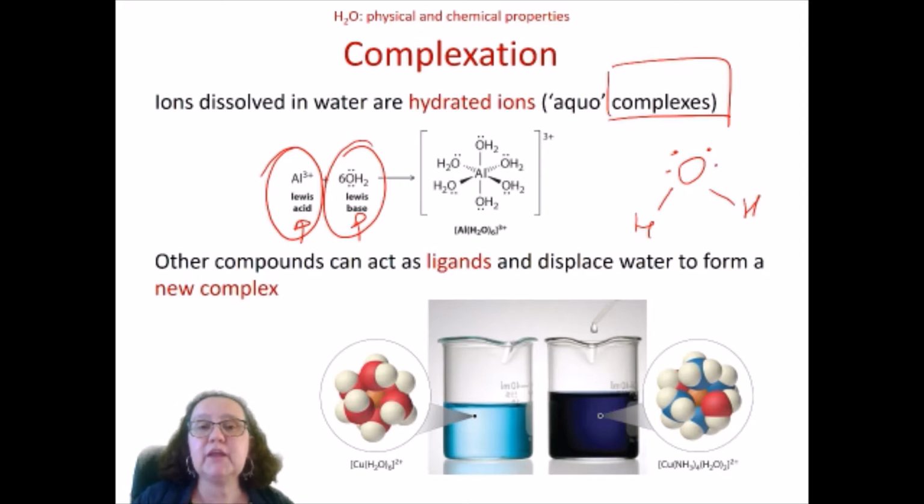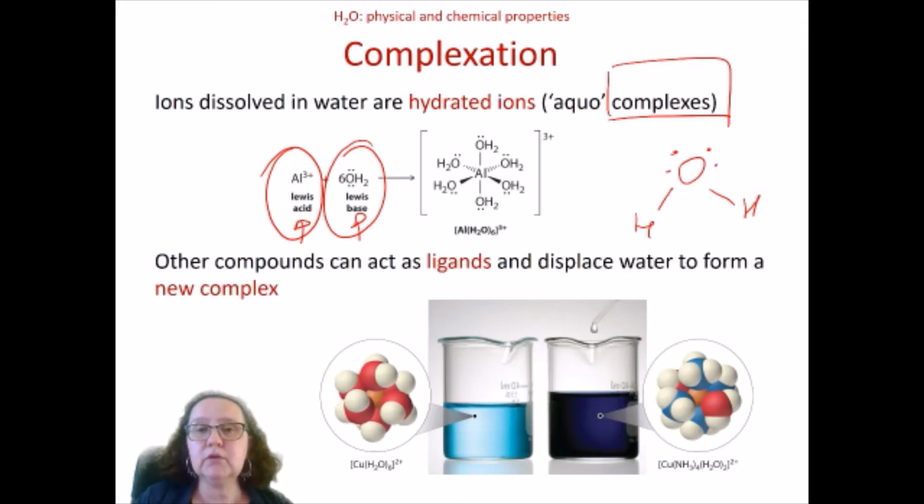As you can see, for example, aluminium can interact with up to 6 water molecules. So you still have aluminium 3 plus, the aluminium ion with 3 positive charges, surrounded by 6 molecules of water.